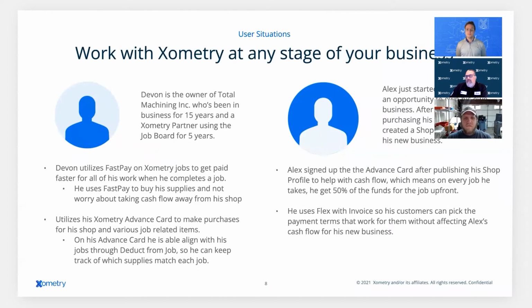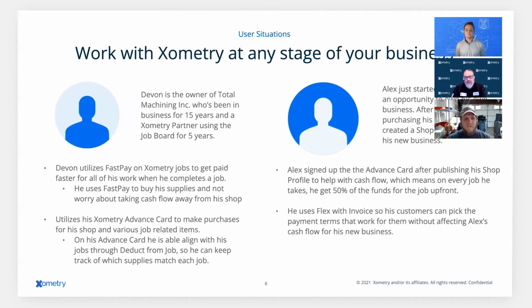All right. Well, we've got a couple different examples here. We have Devin, who has been in business for 15 years, been using the job board for 5 years. Devin's the kind of guy that uses fast pay to get paid faster for all of his work when he completes a job. He uses fast pay to buy supplies, not worry about taking cash flow out of his normal business finances.